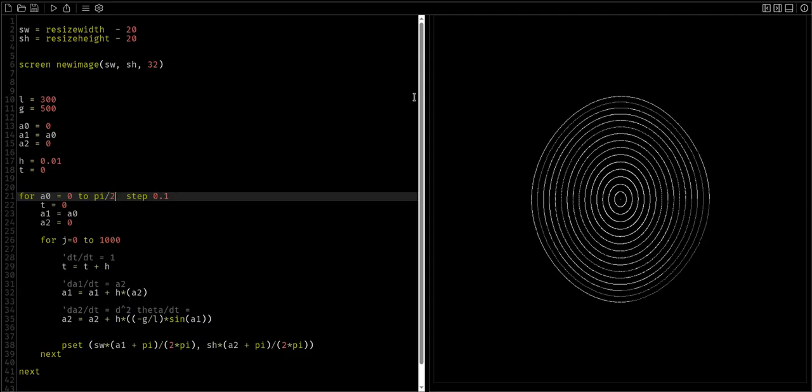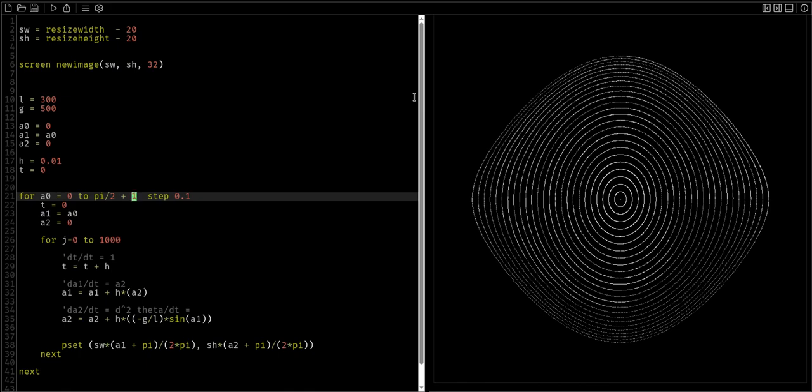You know, pi over 2 is the point where the function becomes from circular to allegedly elliptical.